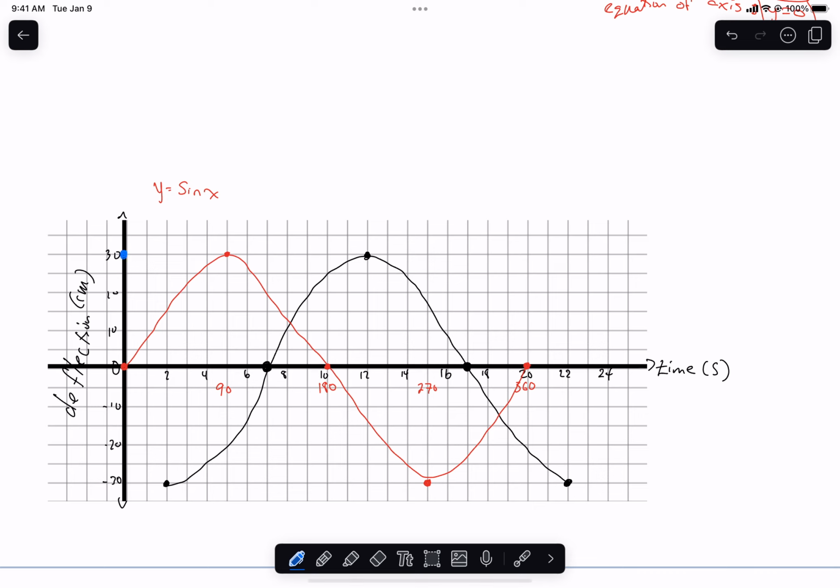Okay, so here I'm just going to graph cosine. Cosine would have originally started at the peak or the maximum, and then at 90 degrees it would have been 0. At 180 it would have reached its minimum. At 270 it would have been back to 0, and at 360 it would have been back at its max. I'm just going to connect those.